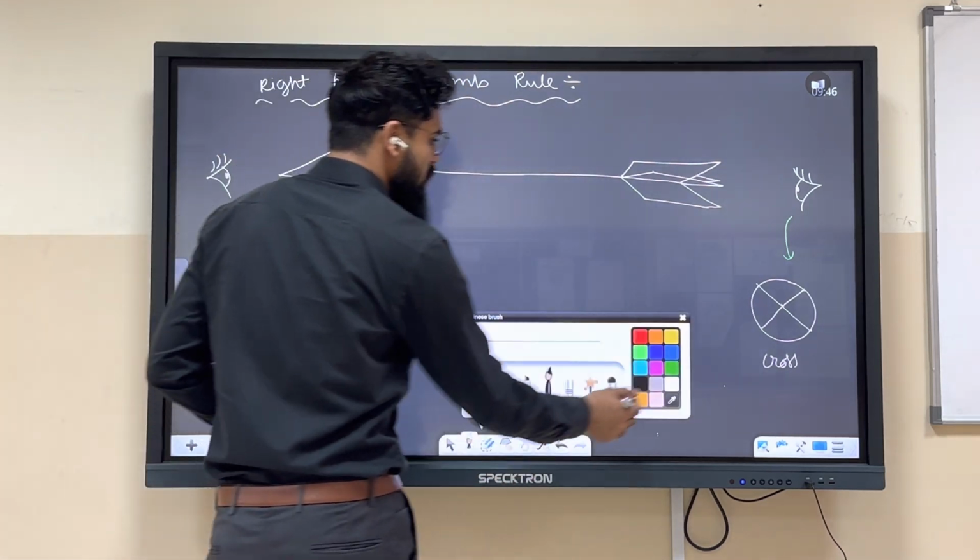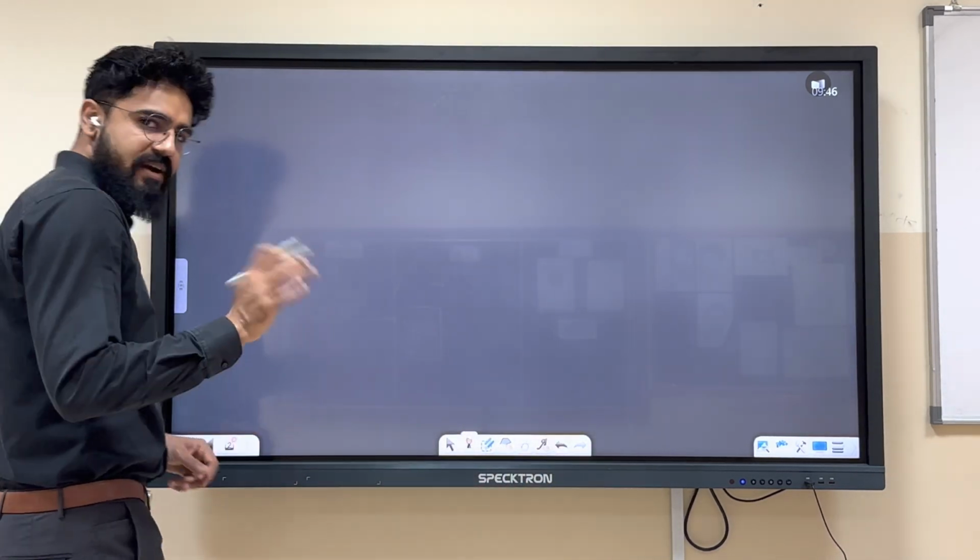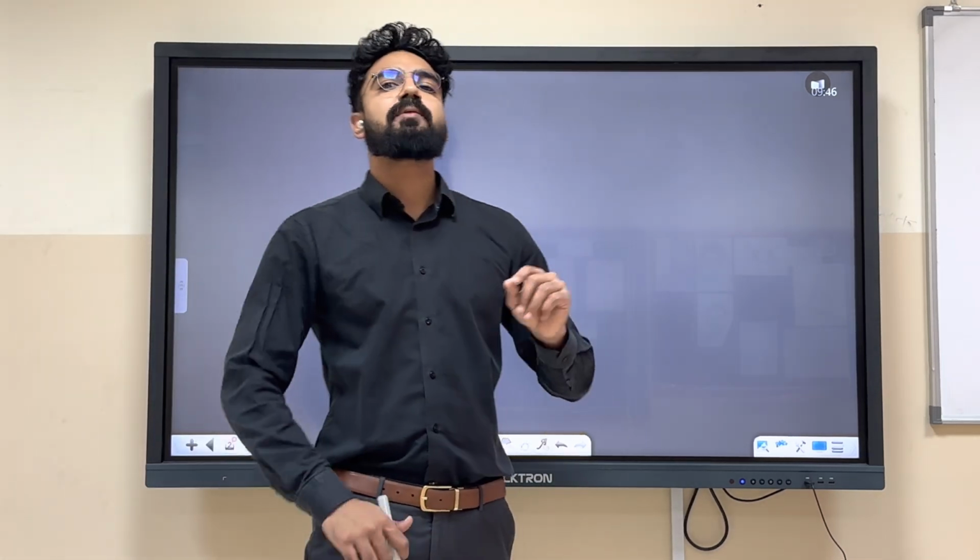In general, the magnetic field is represented by dot or cross.